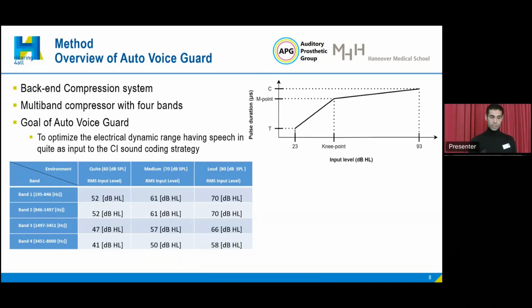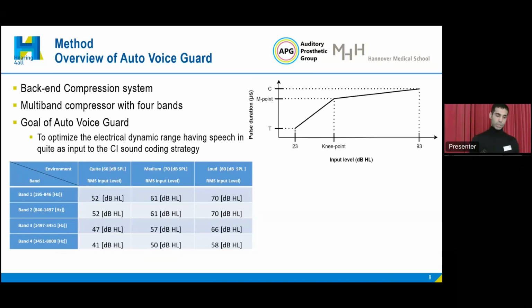This compression system called auto voice guard is a multi-band compressor which has 4 bands. It has been designed and optimized having speech in quiet, speech without background noise, as input to the sound coding strategy. Here we see the 4 bands and the corresponding knee points for each band. It also has 3 different sound scenarios: soft, medium, and loud.